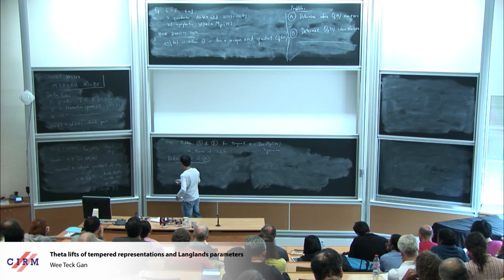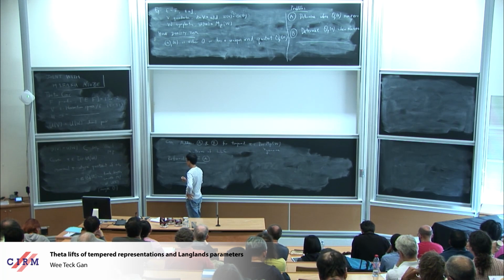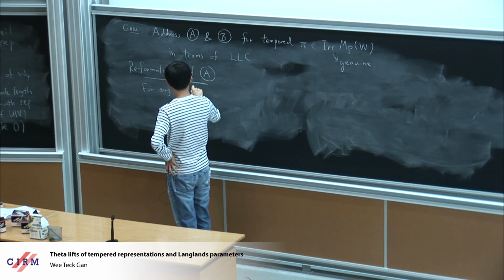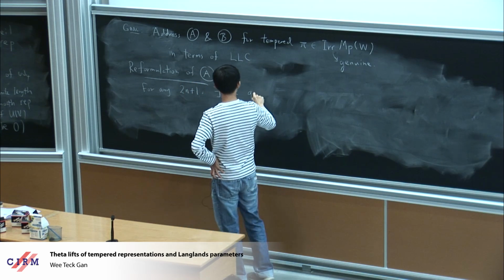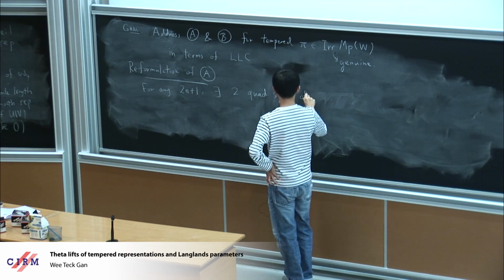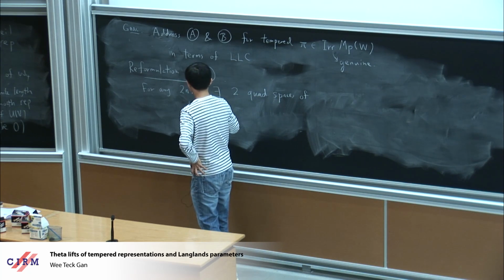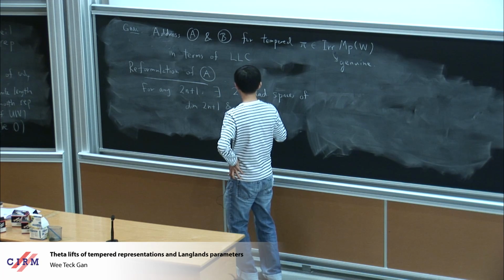Recall that because I'm looking at odd dimensional quadratic spaces, for any odd number, say 2n plus 1, there exist two quadratic spaces of dimension 2n plus 1 and discriminant 1.